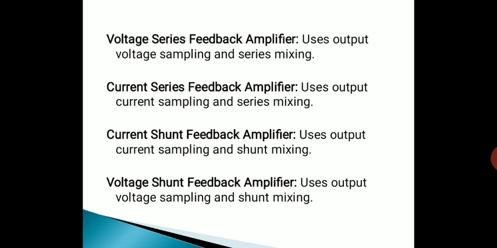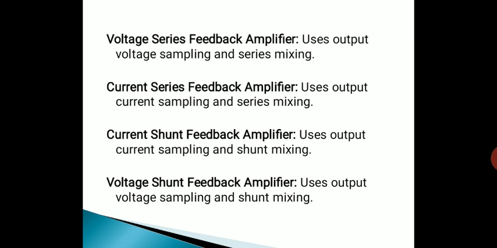Similarly, the current shunt feedback amplifier: here again the output current is taken as the feedback signal and given to the feedback network. The output of the feedback network is connected in parallel with the input signal. That's why it is called current shunt feedback amplifier.